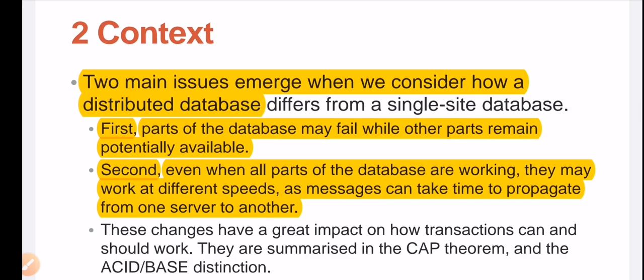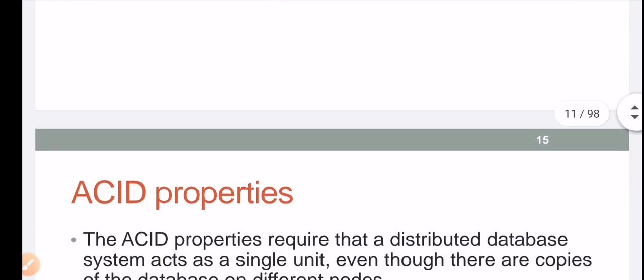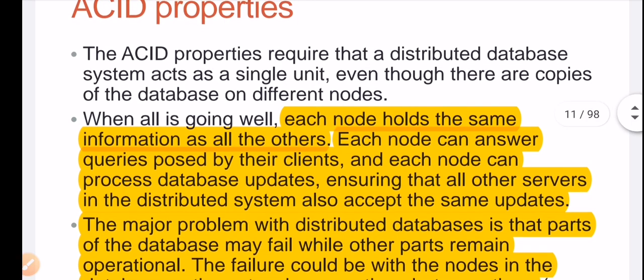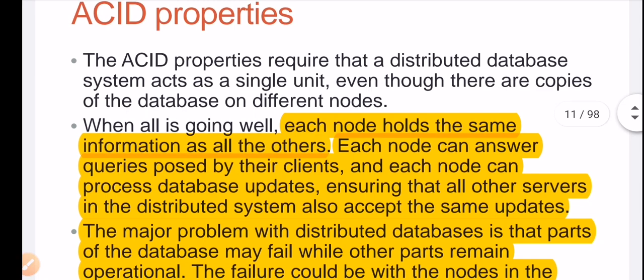The second thing, even when all of them work, some of them differ in speed compared to others, some are faster than others. And some take time to propagate data to other nodes. So this speed also makes a difference between the distributed system and the centralized database, where the database exists in only one computer.